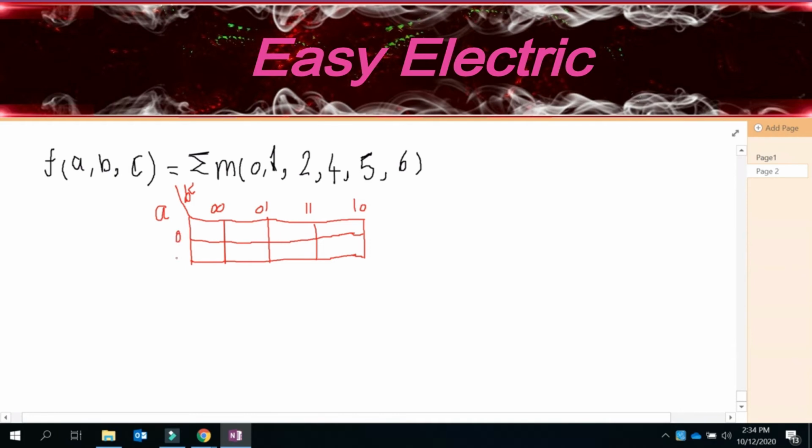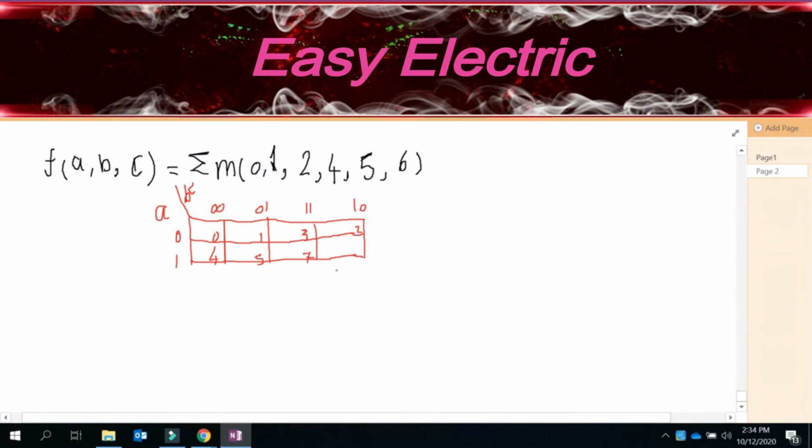The A here could be 0 and 1, and each minterm has a number, right? For example, here A is 0, BC is 0. This should be 0. Similarly, this should be 1. This should be 3. This should be 2. This should be 4. This should be 5. This should be 7.